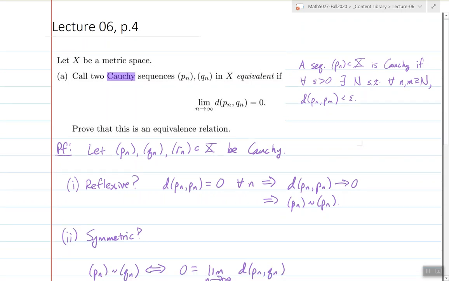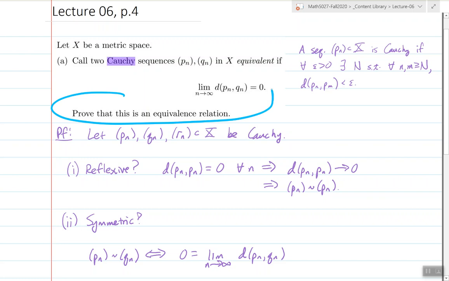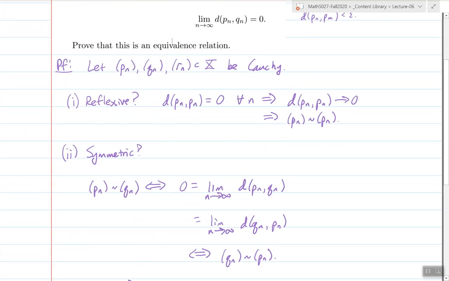So I give this definition about a sequence being Cauchy, and then in this problem I say, prove that this defines an equivalence relationship between Cauchy sequences. The proof is to consider three Cauchy sequences contained in that space, made up of points in that space.